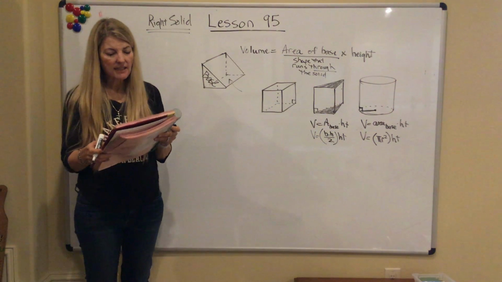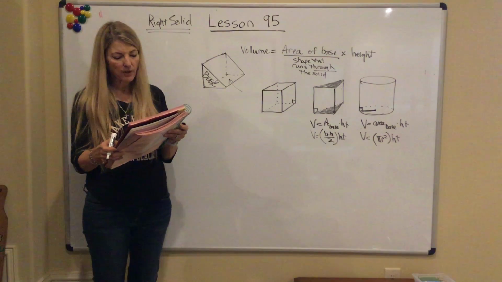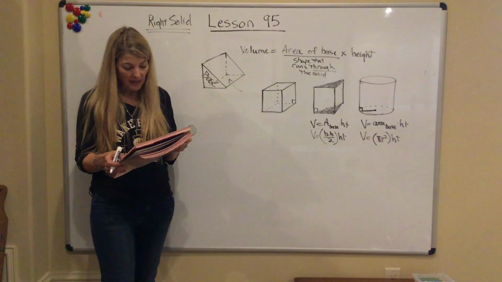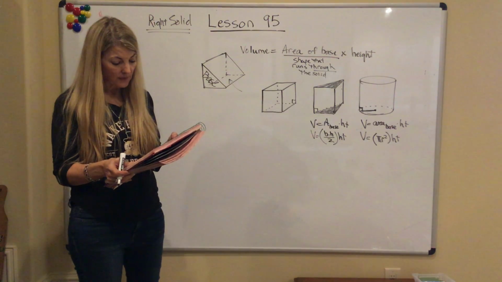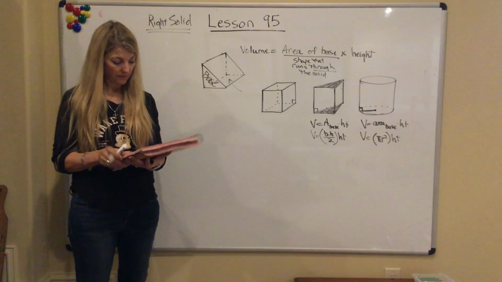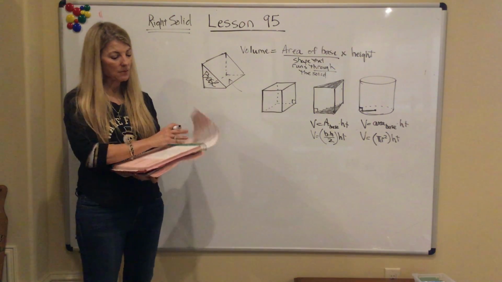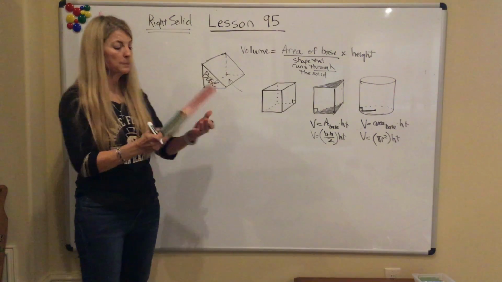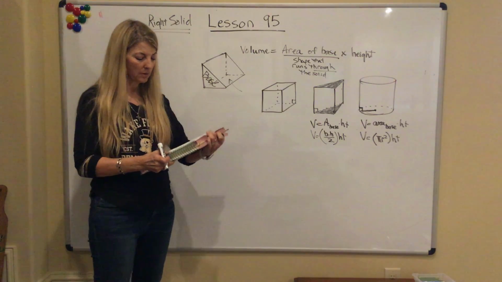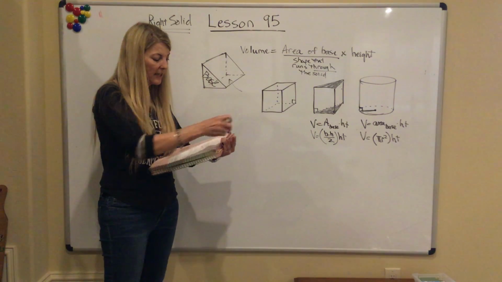And it says here they show two views of the prism just to help you orient yourself. So the area of the base is the area of the triangle, multiplied by the height. And then they'll do the exact same thing with the cylinder. So I'm going to go ahead and go over the lesson practice with you real quickly.